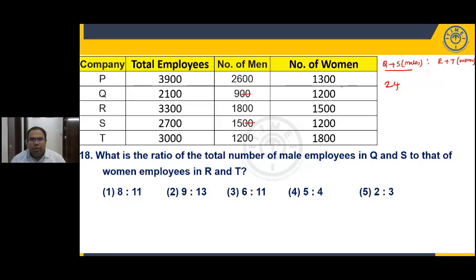And R and T women 15 plus 18, 33. 3 8s, 3 11s. 8 is to 11. Option 1. Choice 1. Correct. Correct, Abhinay. Your answer also correct for the previous question. Correct one. Bharti, you got the answer for this question? Correct.